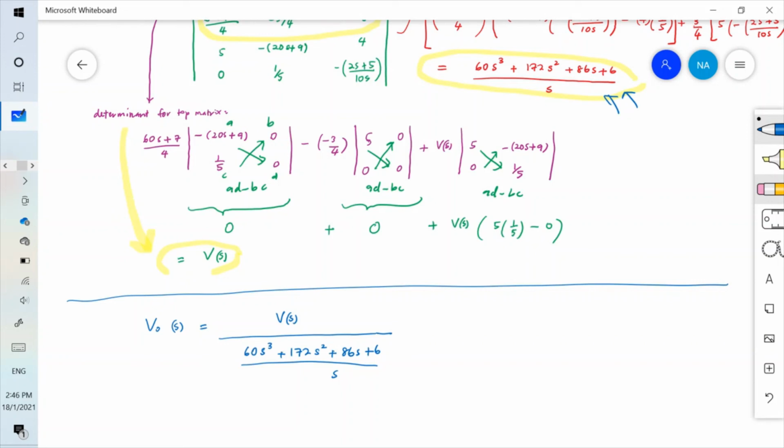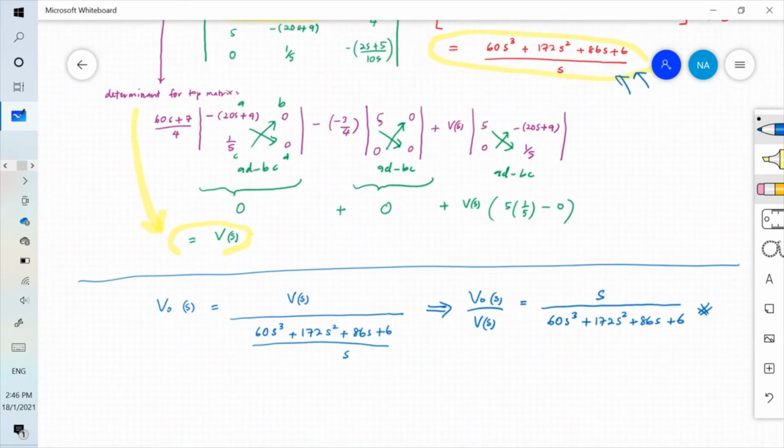divided by s. Rearranging this equation, we want to find V naught S over Vs, which is output voltage over input voltage. And you will get an equation of S over 60 s cubed plus 172 s squared plus 86 s plus 6. So this is your transfer function for the 3 loops RLC circuit.